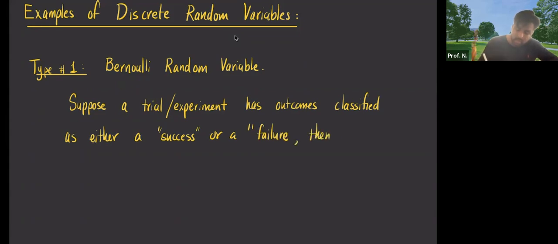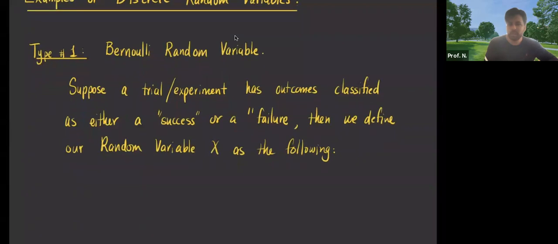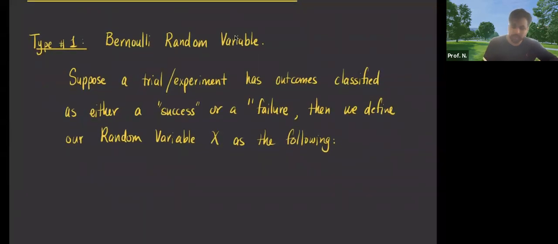Then we define our random variable as the following. So you see here, in a way, this almost seems arbitrary, but this is how Bernoulli defined it. He just says either x equals 0 or x equals 1.